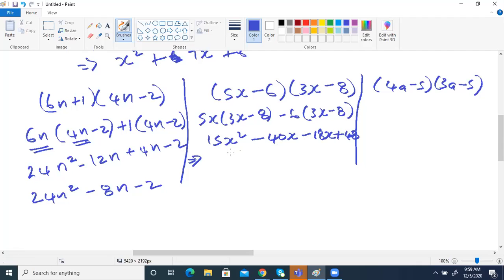So 15x squared minus 58x plus 48. Good stuff.